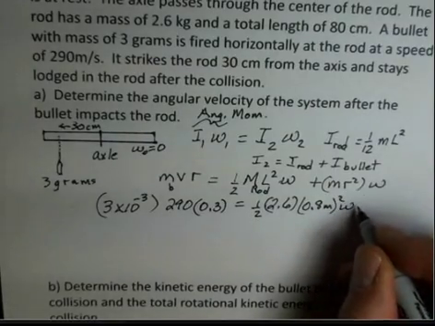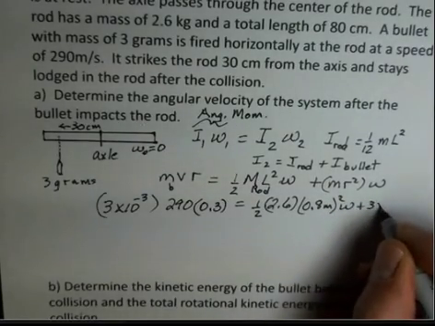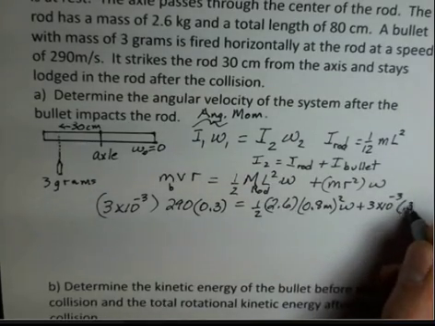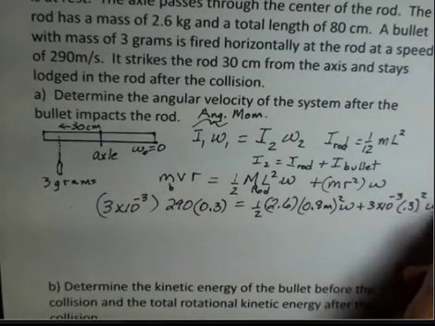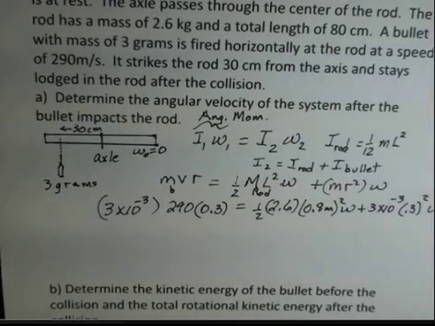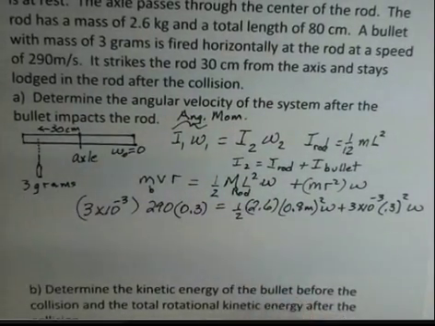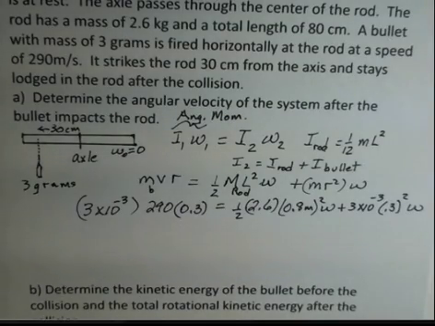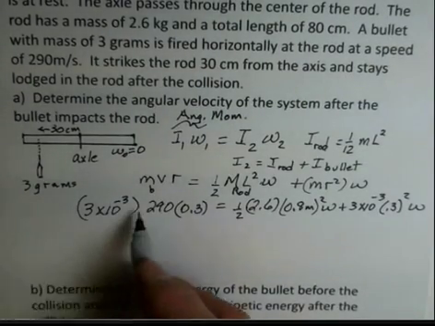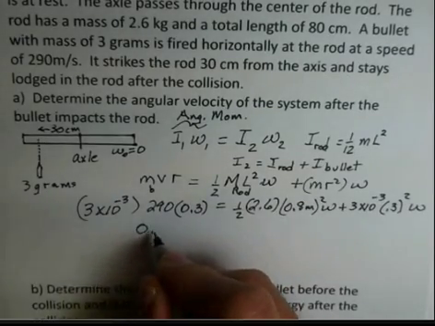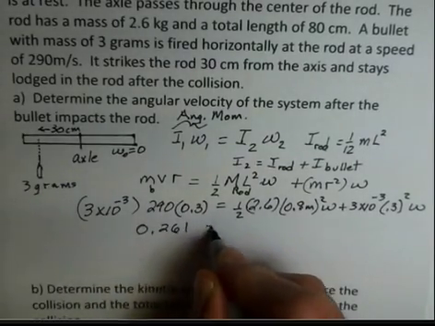Then again, the bullet, so 3 times 10 to the minus 3, and 0.3 squared, and omega. So this is our conservation of momentum expression. And simplifying this a little bit, we can multiply the numbers here on the left side, and you should verify my numbers. I got 0.261.